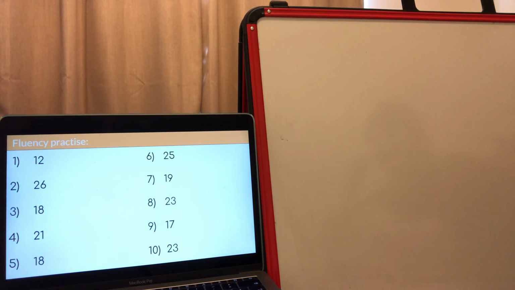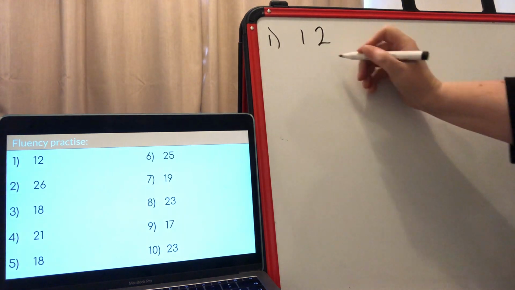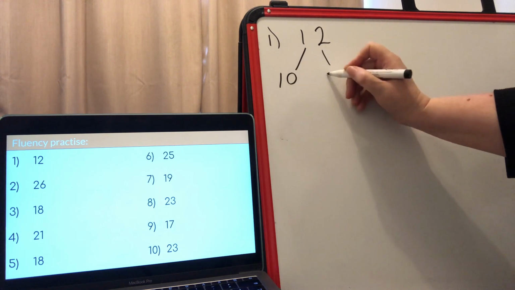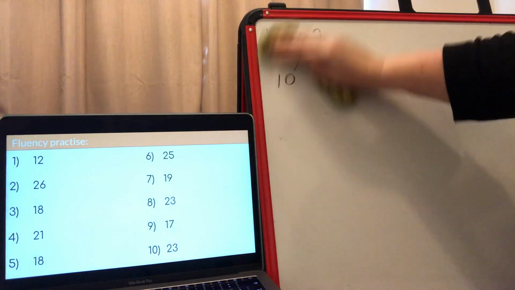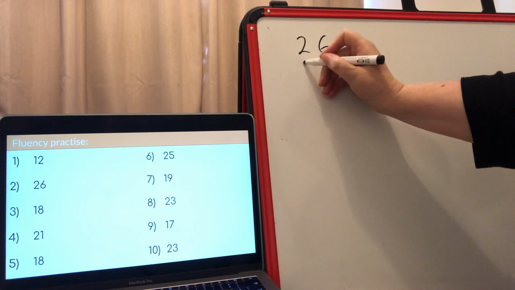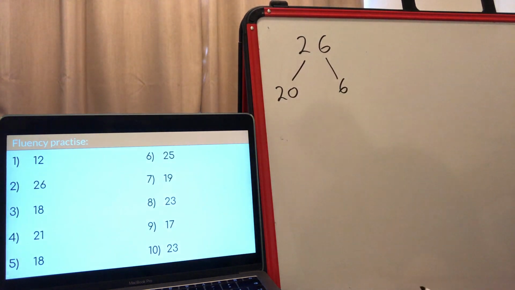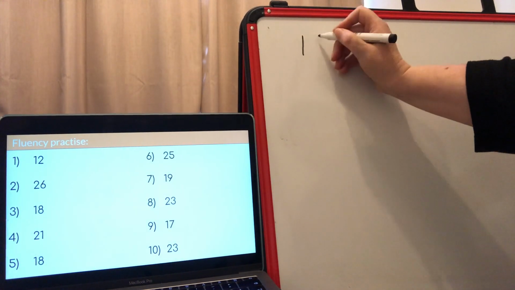Okay, well, if you've had a go at that, I think I'll show you quickly the answers. So number 1, 12, hopefully you've put it in a tens and ones grid. The 1 has a value of 10, the 2 has a value of 2. Question 2, 26, the 2 has a value of 20 and the 6 has a value of 6. Question 3, 18.